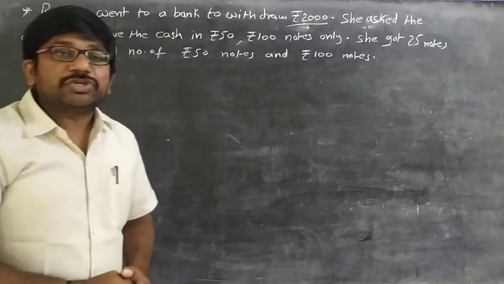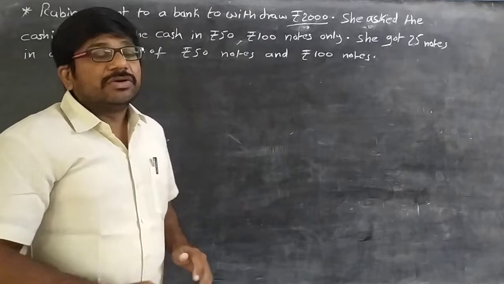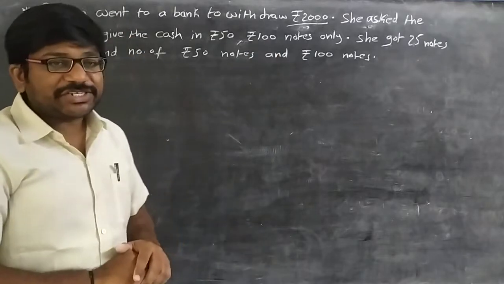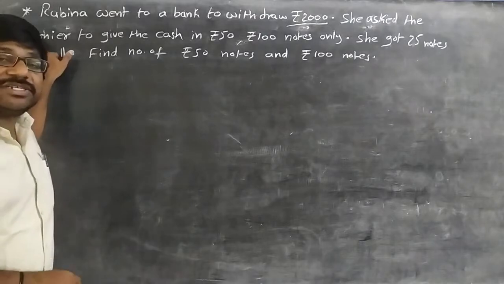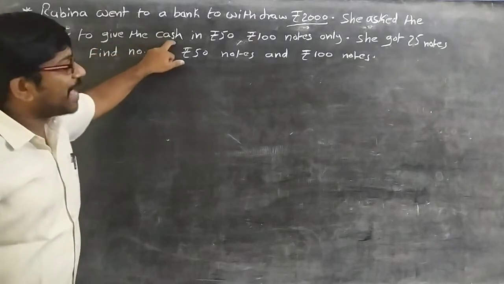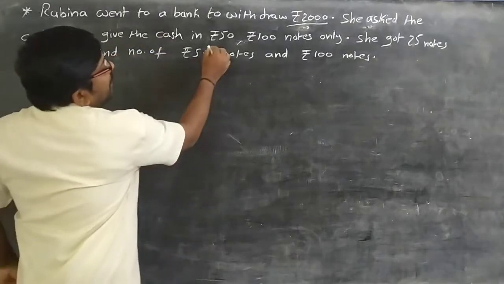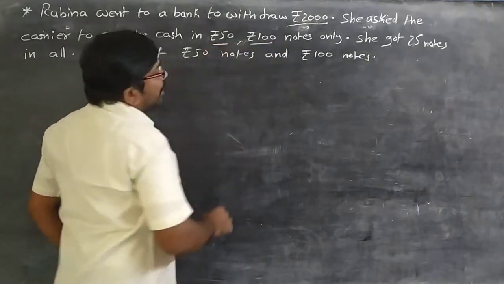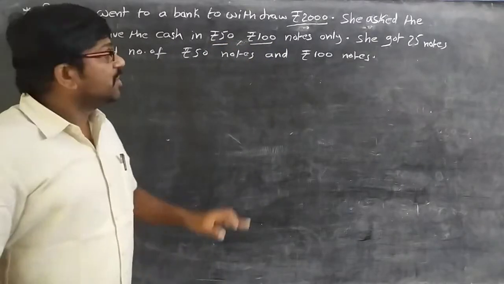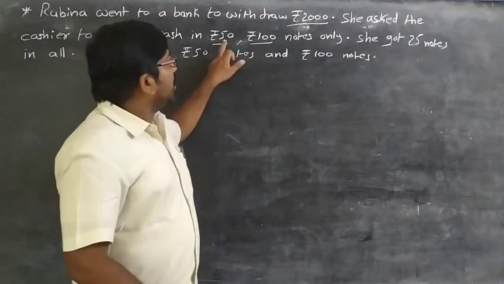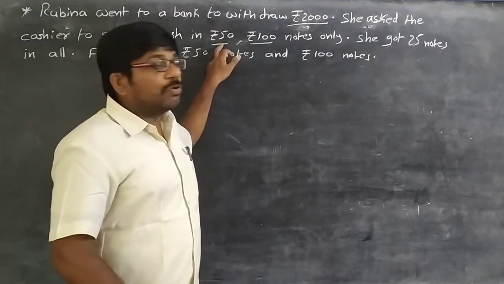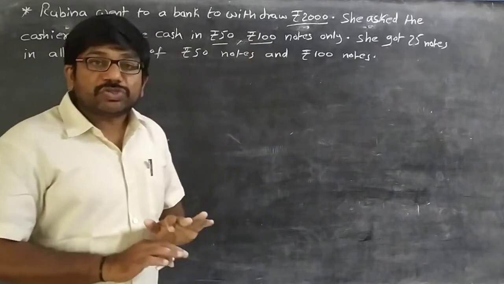She asked the cashier to give the cash in 50 rupee notes and 100 rupee notes only. The total amount of 2000 rupees must be in denominations of 50 rupee notes and 100 rupee notes only.